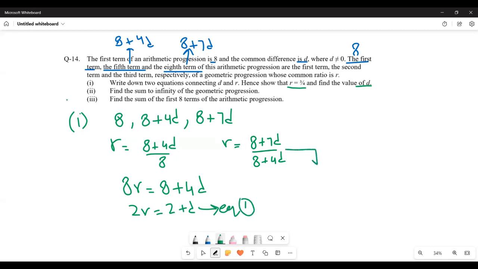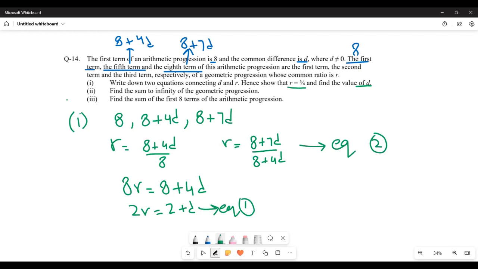And let's call this equation 2 right here without even simplifying it. Can you solve these simultaneously and show that R is 3/4 and find the value of D?